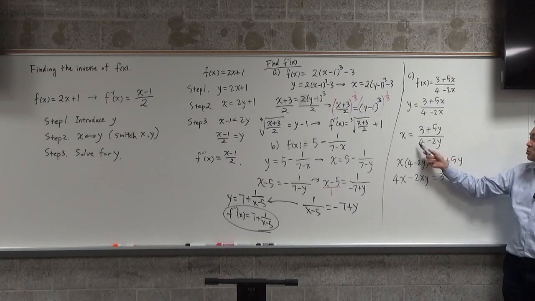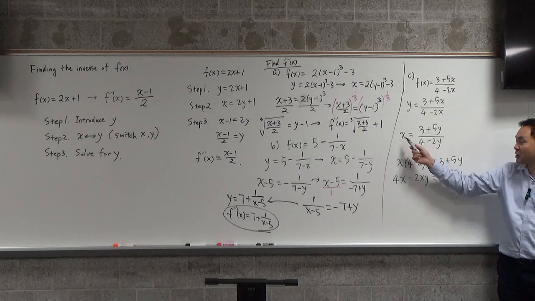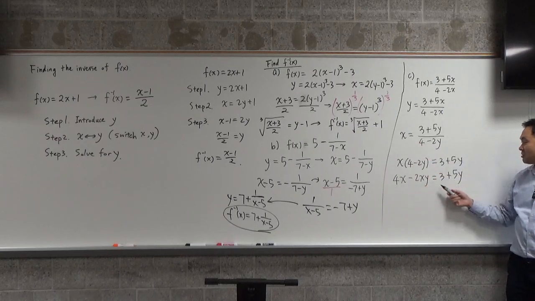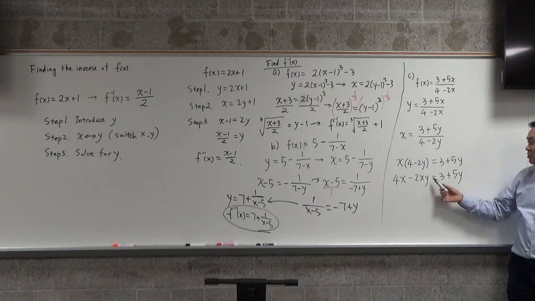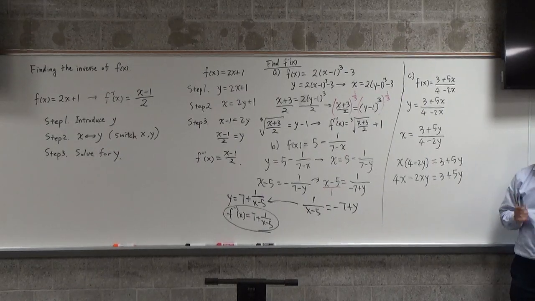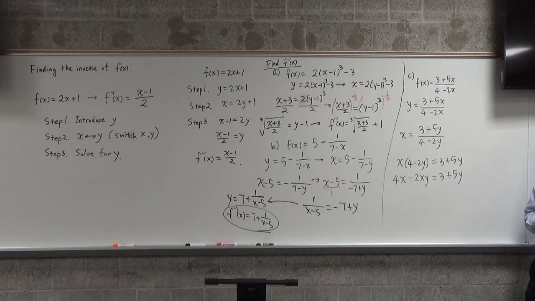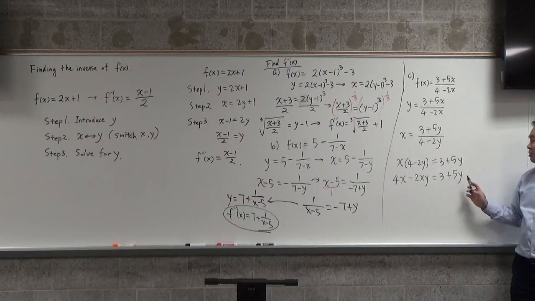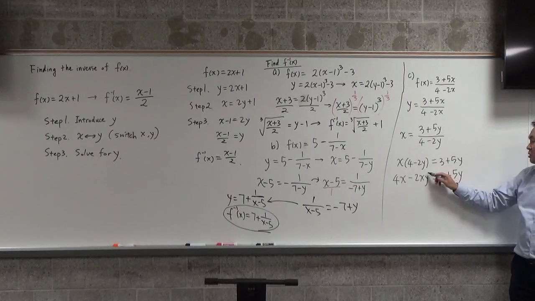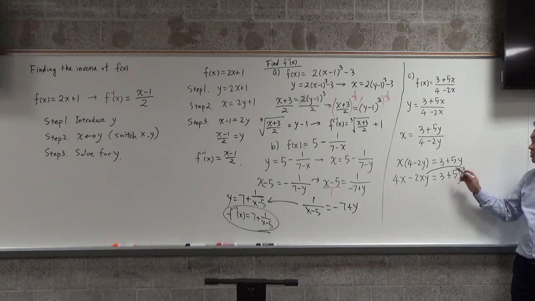So even if I don't like fractions, that's why I multiply by 4 minus 2y and expand it, I still see y and y. I have to have some way to make these two y's appear as 1. What do you do? You have to factor it, right? That was the idea that I showed before as well, right? So if you see y appearing twice, what you want to do is put them together somehow.